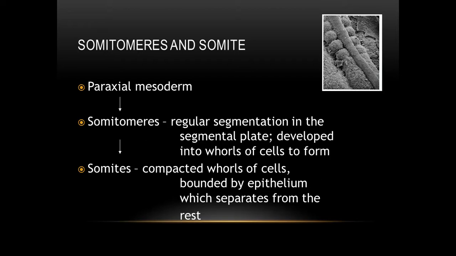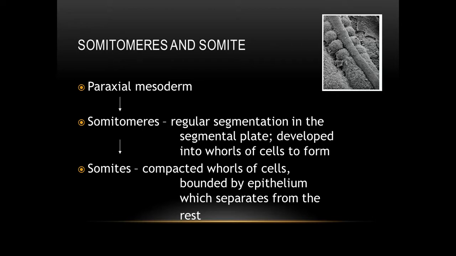And this regular segmentation later on develops into whorls of cells that will actually become somites. So these regular segmentations on the rostral portion of the animal are known as somatomeres.